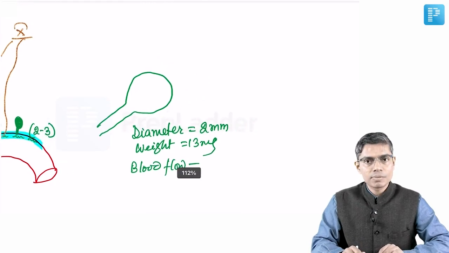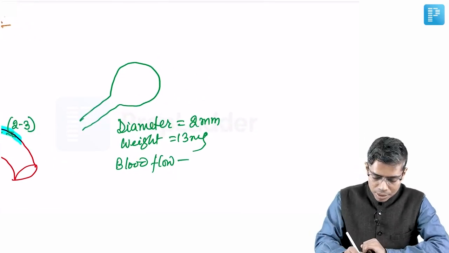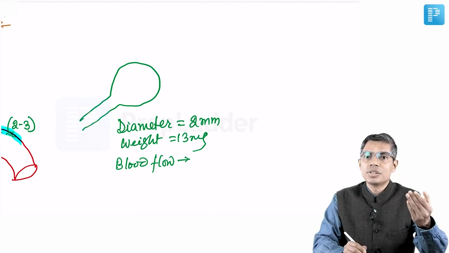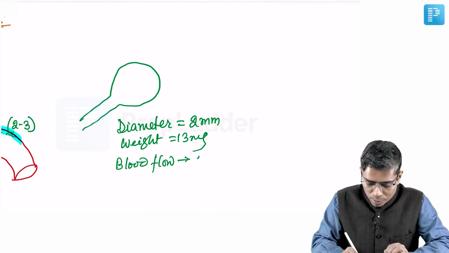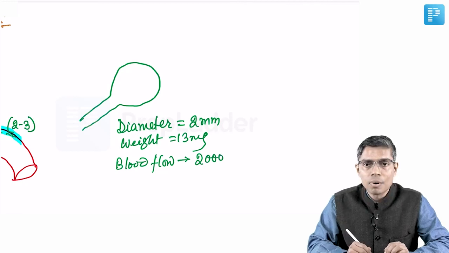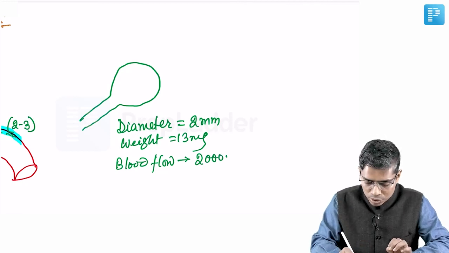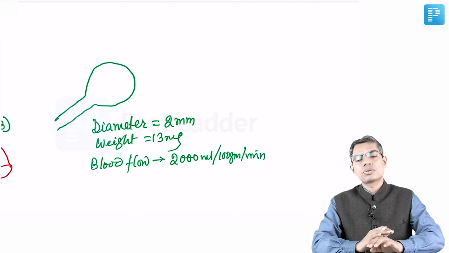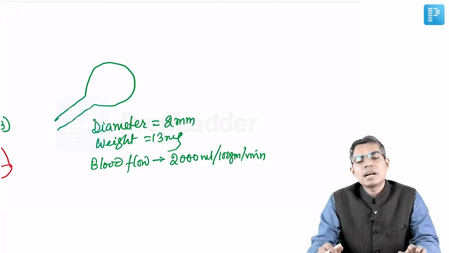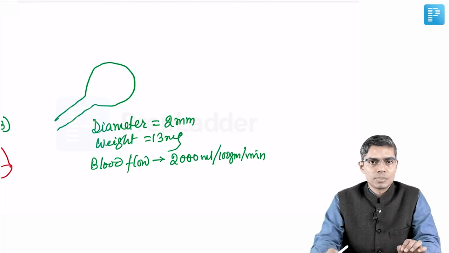Could you recall the blood flow of other tissues? You will learn that later in the regional circulation chapter. But the blood flow at the level of the carotid body or aortic body is 2000 ml per 100 gram of tissue per minute. Getting my point? This blood flow is very, very much higher than any other organ system in our body.